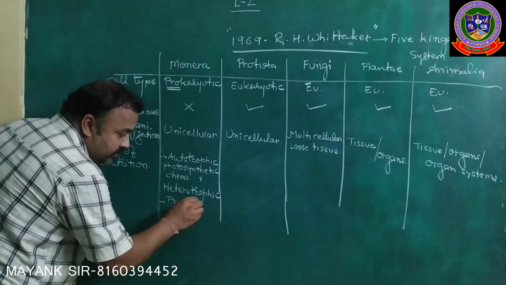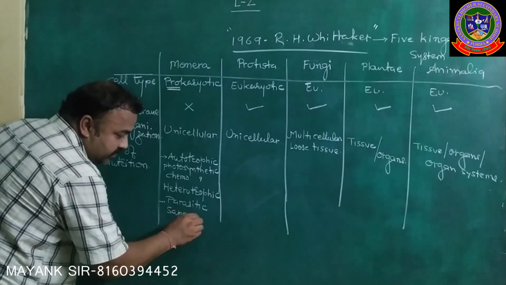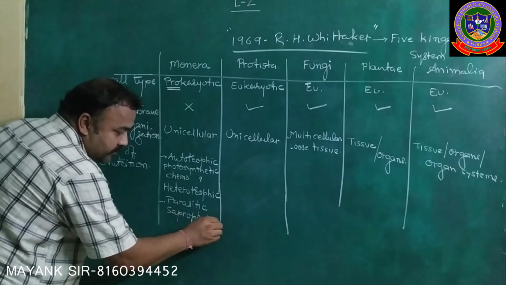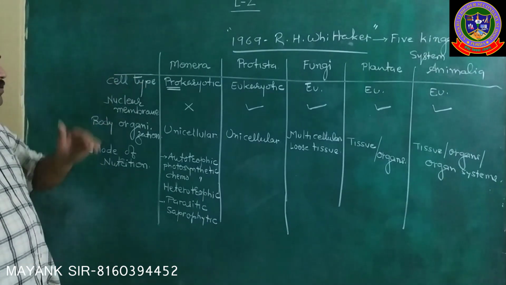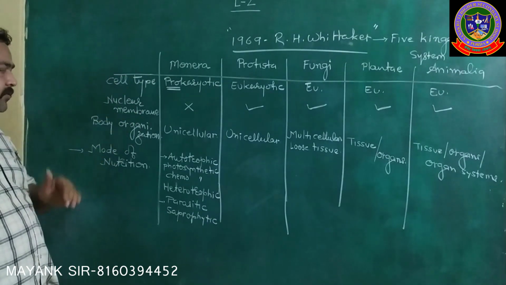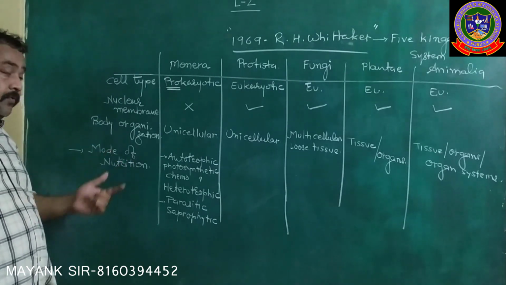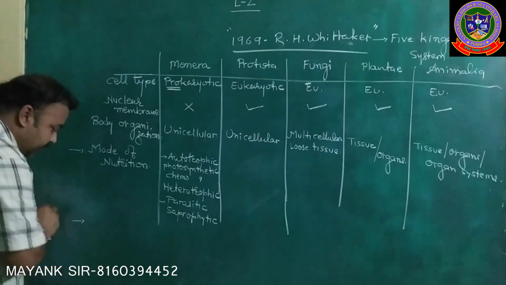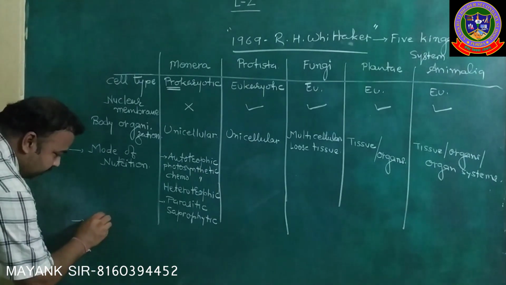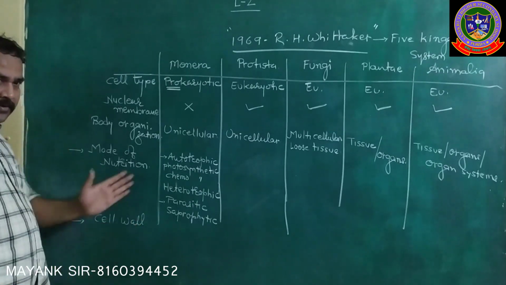Heterotrophic nutrition is parasitic and saprophytic. So this was the fourth character. The first one, cell type; the second, nuclear membrane; the third, body organization; the fourth, mode of nutrition; and the fifth is cell wall, which we will discuss after this.